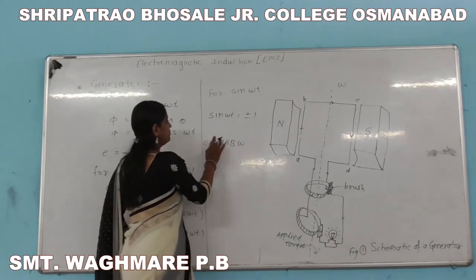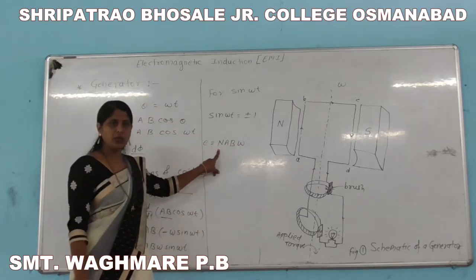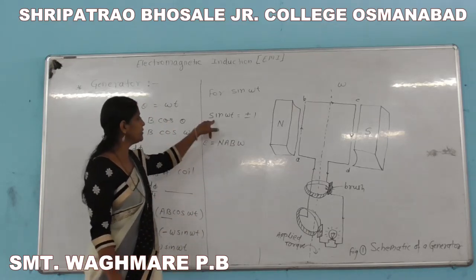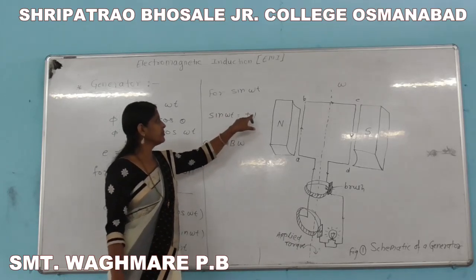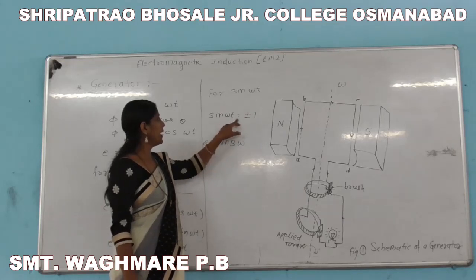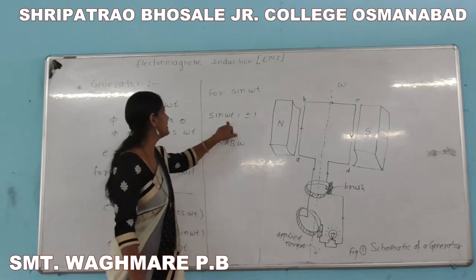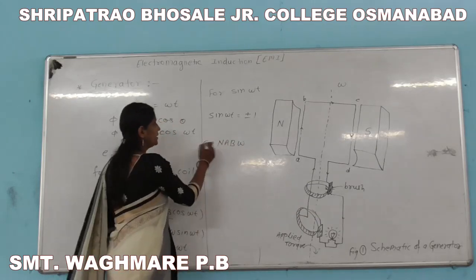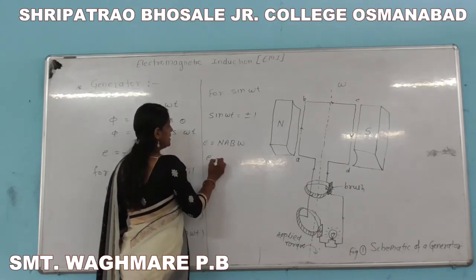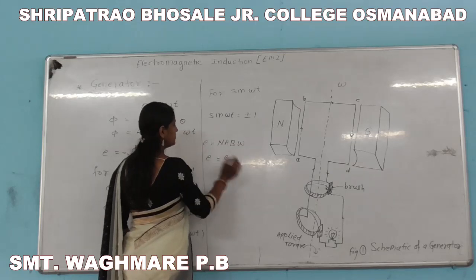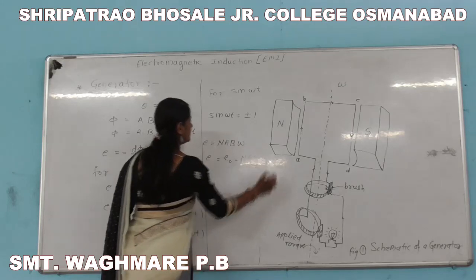Therefore, when theta is equal to 90 degrees, sin omega t is equal to plus 1, and when theta is equal to 270 degrees, sin omega t is equal to minus 1. Therefore, E is equal to NAB omega, and this E is equal to E maximum, that is E naught, equal to NAB omega.